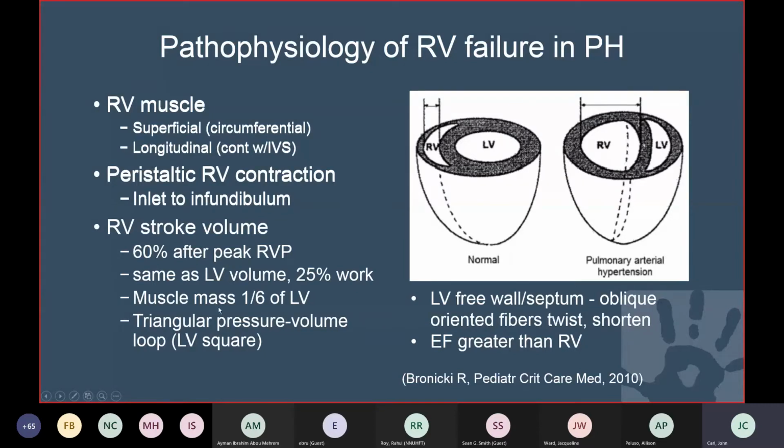There's a triangular pressure volume wave created in the right ventricle, whereas it's square in the left ventricle. The left ventricle free wall and septum also have oblique fibers that twist and shorten and have an ejection fraction greater than the right ventricle. So the right ventricle has obviously less pumping capacity and is more susceptible to failure.